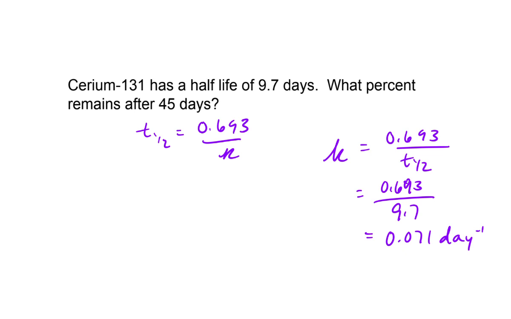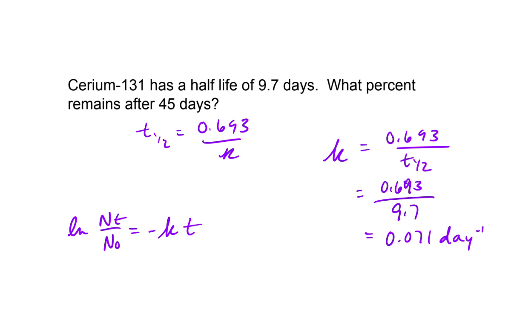So using that half-life equation to solve for the rate constant, after that we can then use our rate law expression and determine the amount or the percent that remains after 45 days. Now that we have K, we can plug that into this equation, and it's in days.